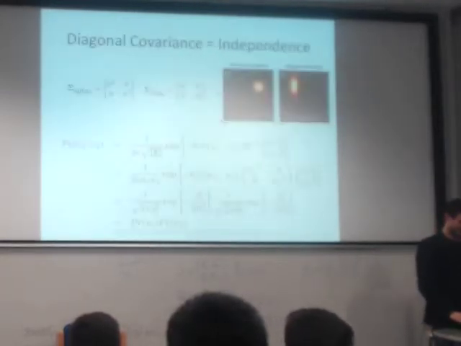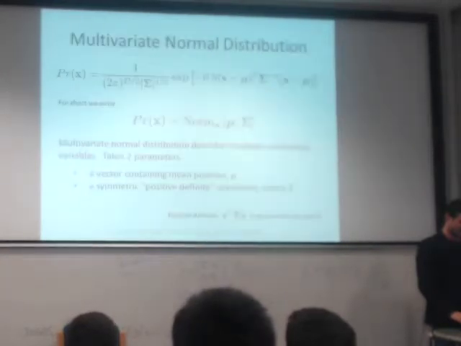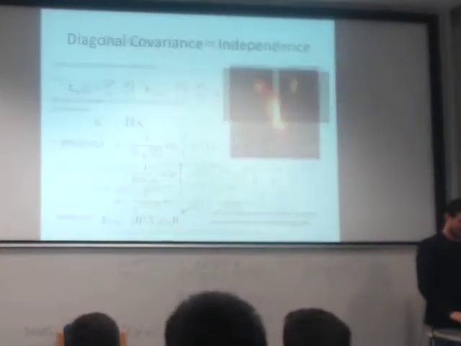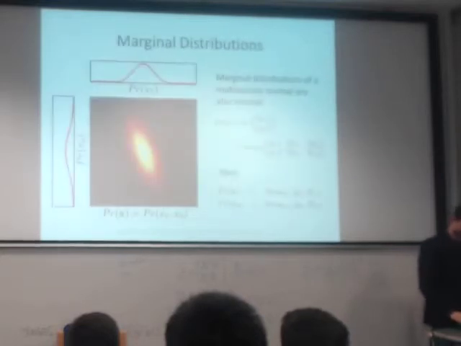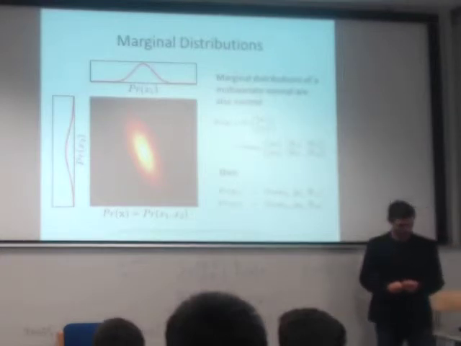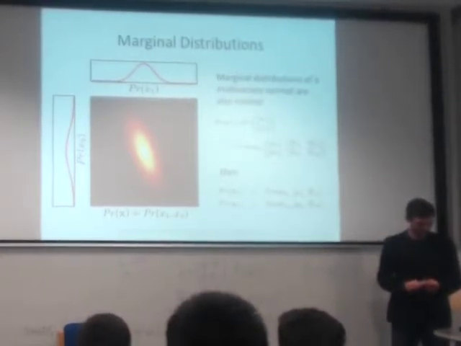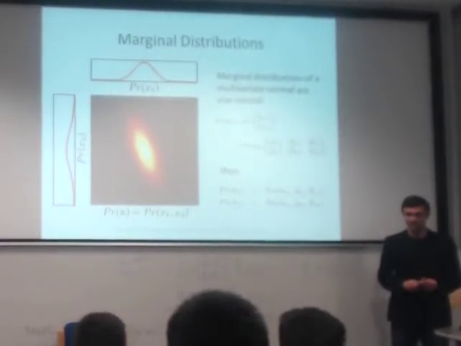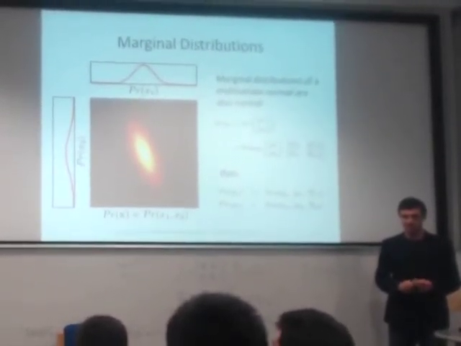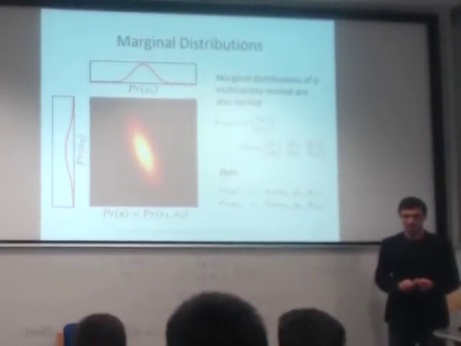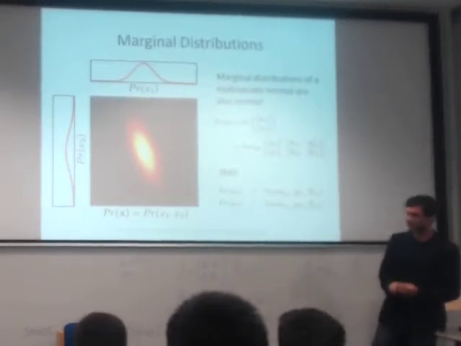When we go back to the full probability, I just mean here, at the bottom, the probability of x, which is the whole graph, equals the probability of a function of x1 and x2. And if they were independent, then you can split them into the probability of x1 times the probability of x2. Is that right? If they're independent. Yeah. But in this case, they're dependent. So does that have any impact on the graph, on the marginal distribution?